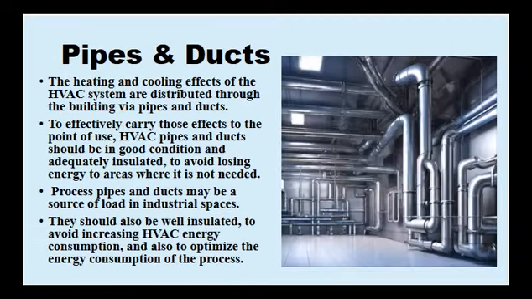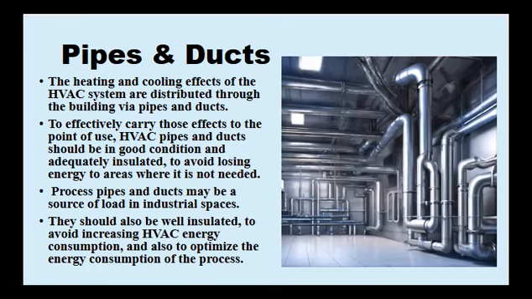Let's look at pipes and ducts, essential components in distributing heating and cooling throughout the building in an HVAC system. For effective energy delivery, HVAC pipes and ducts must be in good condition and properly insulated to prevent energy loss to unintended areas. This helps ensure that the energy reaches the intended spaces without unnecessary waste.